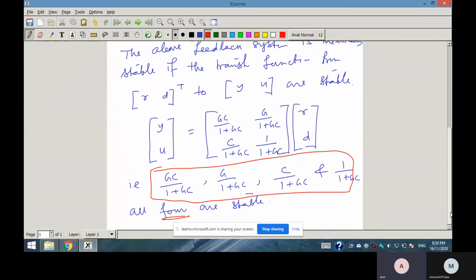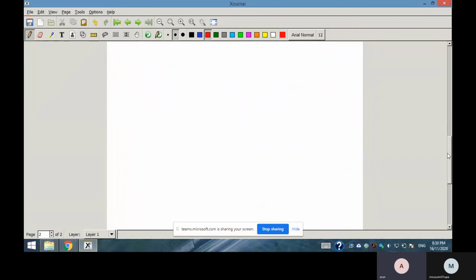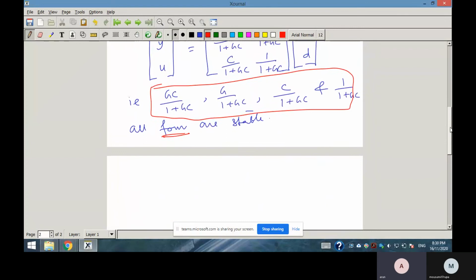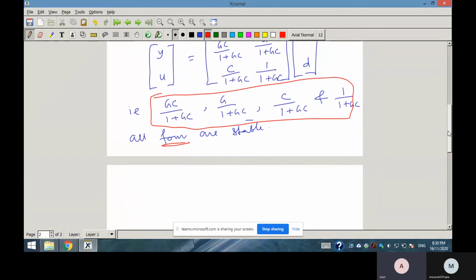So how to check this? Suppose you have designed one controller; you need not check these individually.